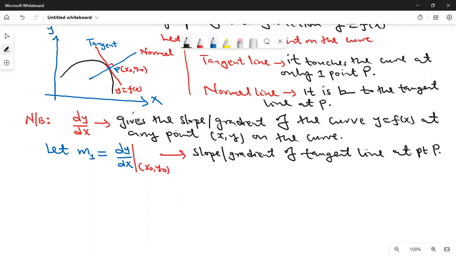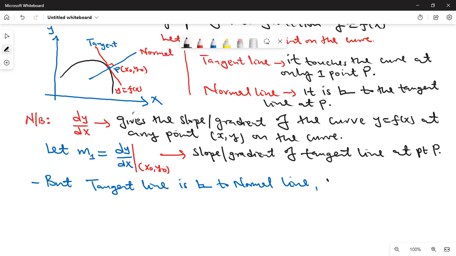But what do we know? The tangent line is perpendicular to the normal line. You can see from the diagram and from our definition. So what do we know about perpendicular lines?